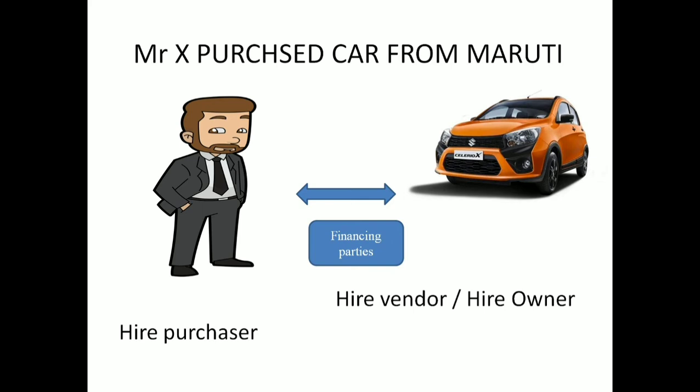So these are the characteristics of a hire purchase system. Buyer and seller in case of the installment system become hire purchaser and hire vendor or hire owner in case of the hire purchase system. That is the difference between hire purchase and the installment system.